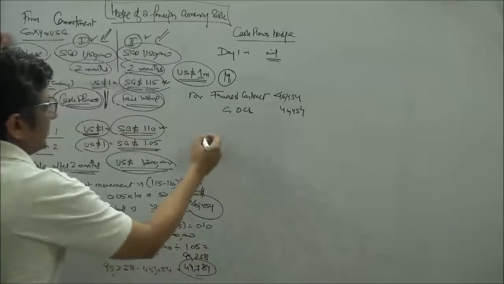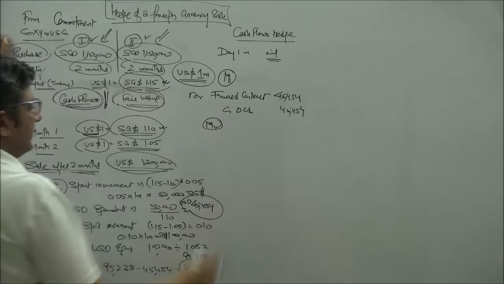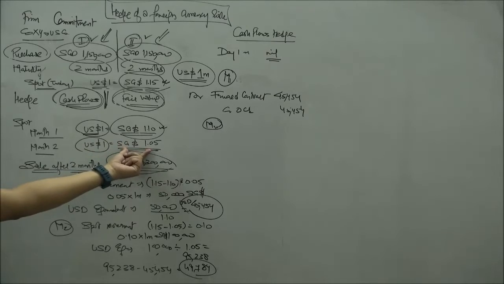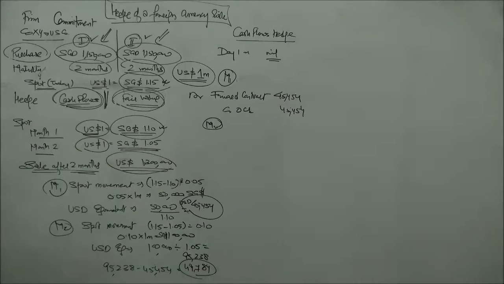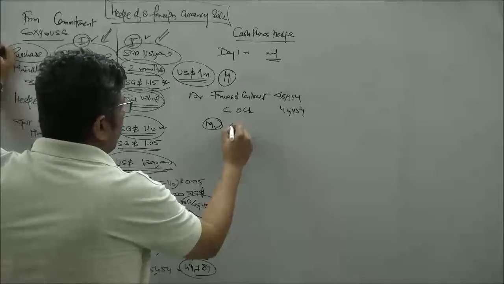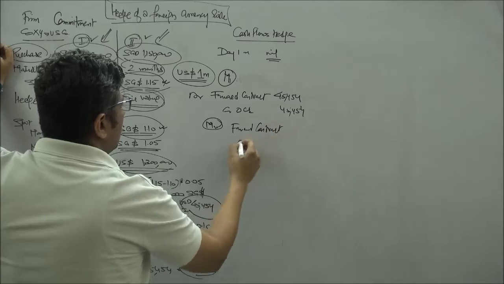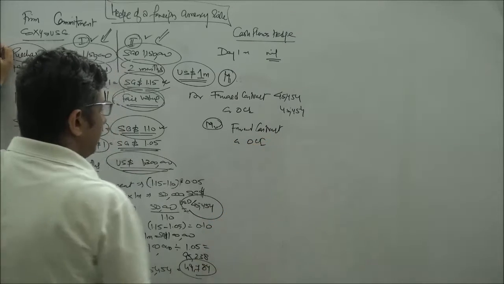Likewise, we do another entry at the end of month 2, where the US dollar has further declined against the Sing dollar, which is SG dollar 1.05. So we bring this forward contract, credit OCI once again.